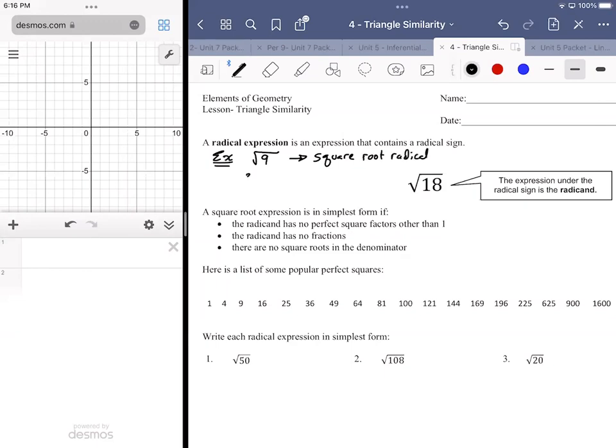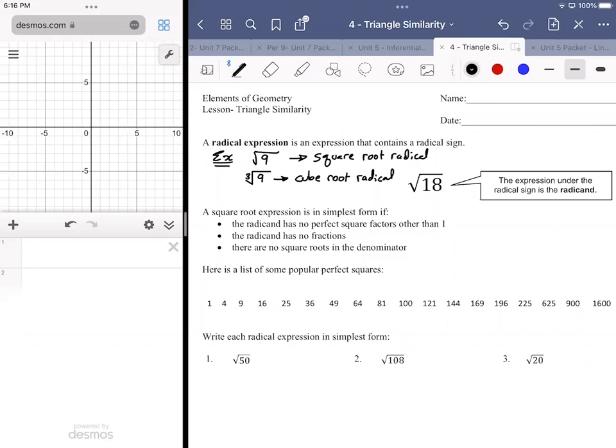If I have something like a little 3 inside that little cusp there, that would be a cube root radical. That little cusp is where you put the index of the radical, indicating what type of root you're trying to take.